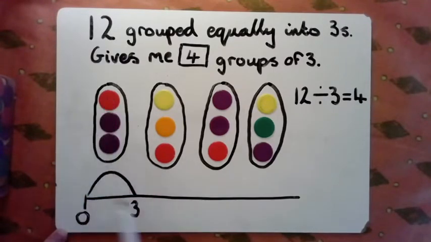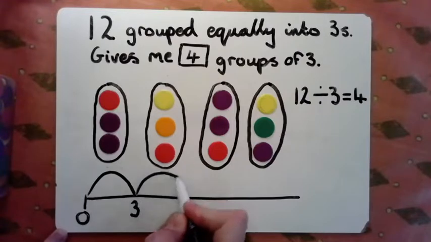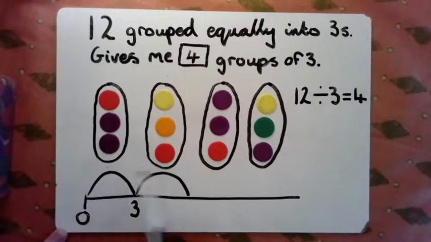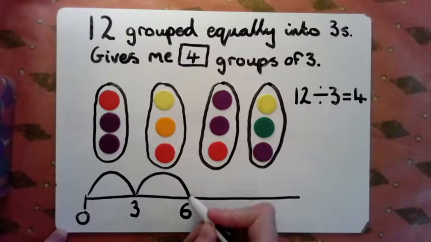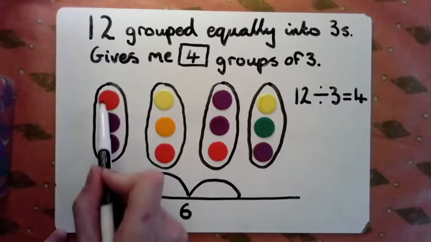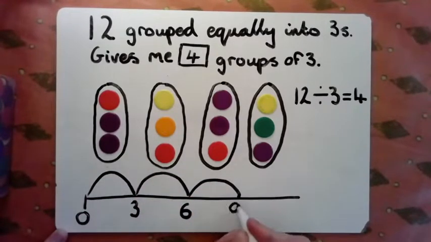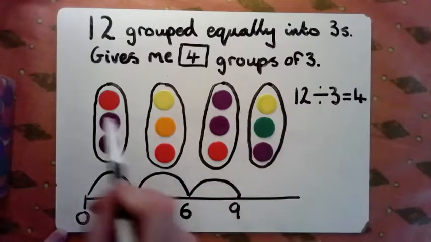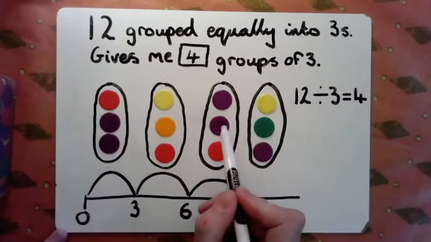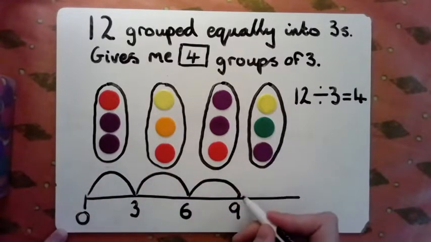My next group of 3 means I've got 1, 2, 3, 4, 5, 6. My next group of 3, I'm then going 1, 2, 3, 4, 5, 6, 7, 8, 9. And my final group of 3, 1, 2, 3, 4, 5, 6, 7, 8, 9, 10, 11, 12, takes me to 12.